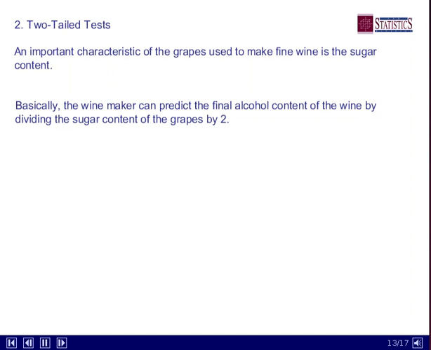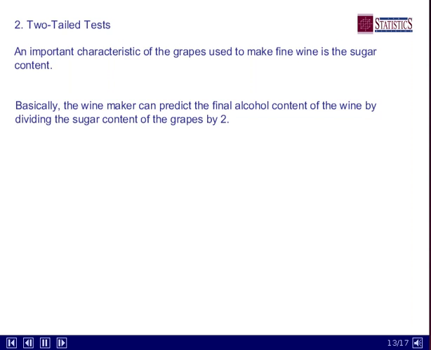But if it's too large, the caps won't fit right, or they're too snug and you can't get the cap off. So in a general monitoring procedure we would consider both sides important. But in our particular example, we had a very real situation where they were only interested in the low side because of what was happening in the shipping department. So instead of carrying on with that, we'll just shift gears and talk about making wine.